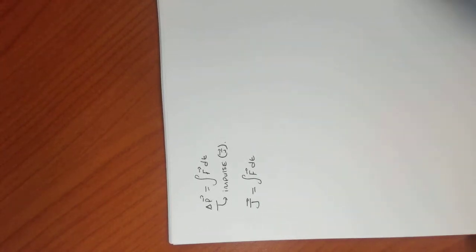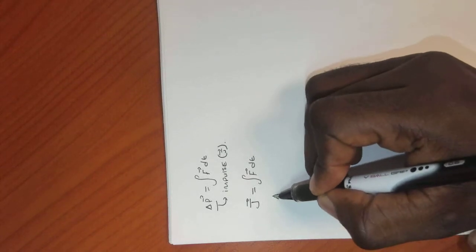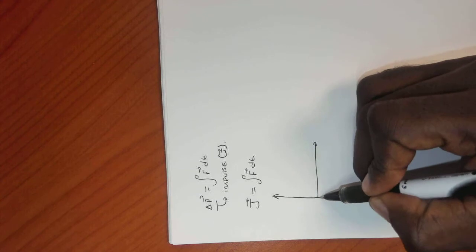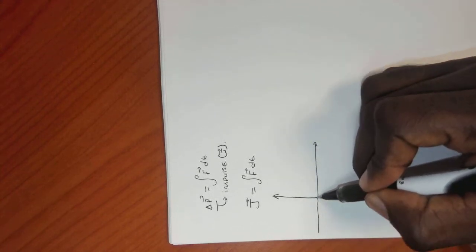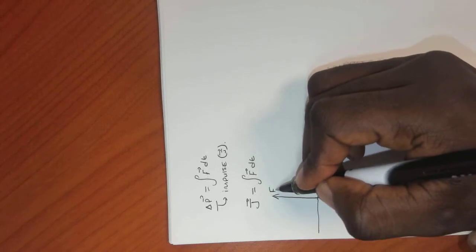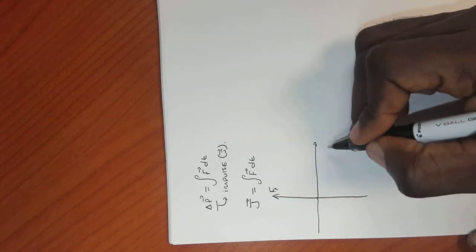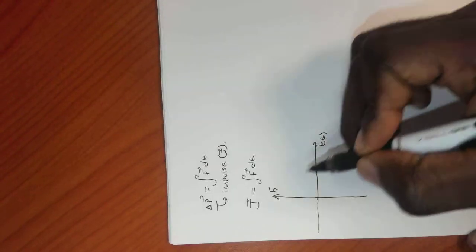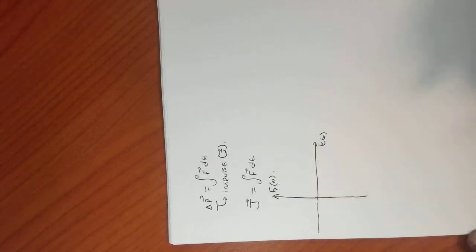It's an impulse. This can be represented in a graph in this manner. You're applying a force, let's say force x in the x direction, over time t in seconds. This one is in Newton.